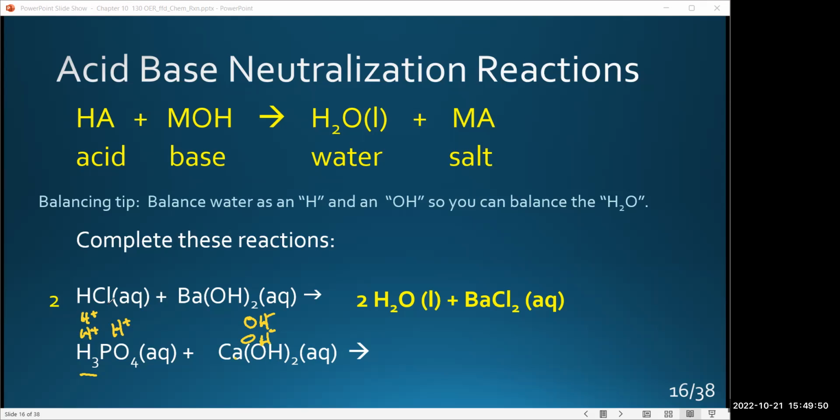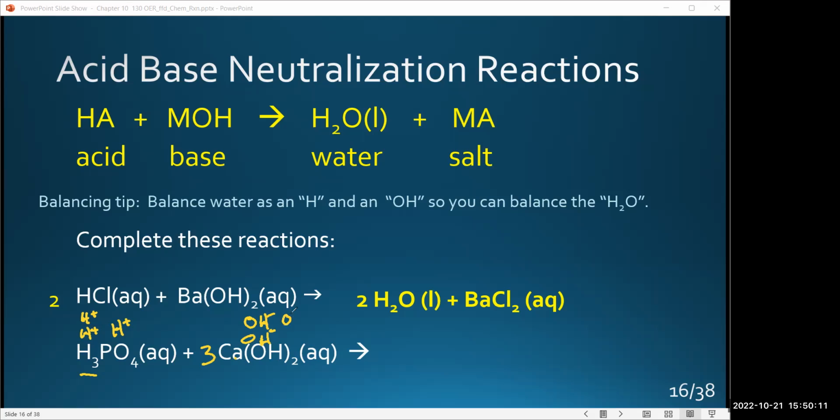What have we been doing in the past? We've been looking for a common number, which means that the common number is 6, right? So in order to get 6 hydroxides, we need to have 3 calcium hydroxides, right? Because 3 times 2 is 6.